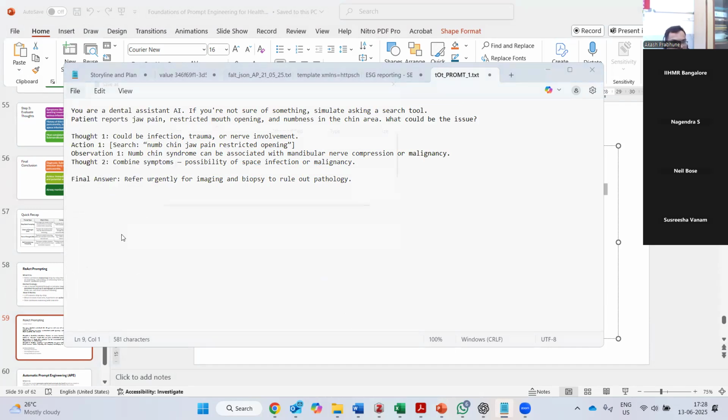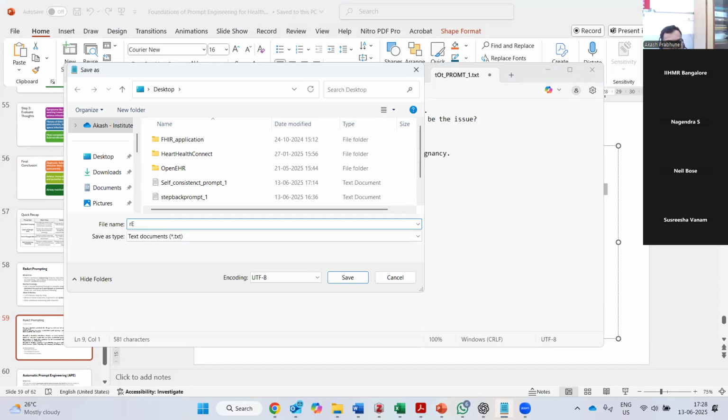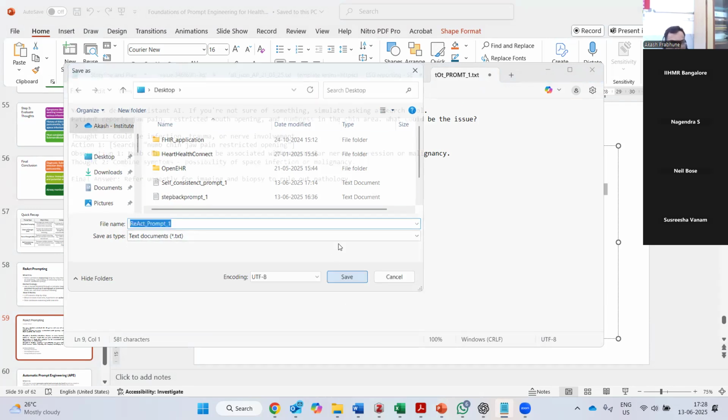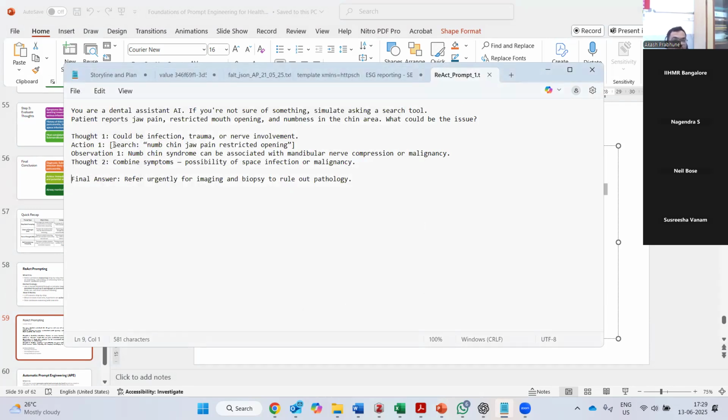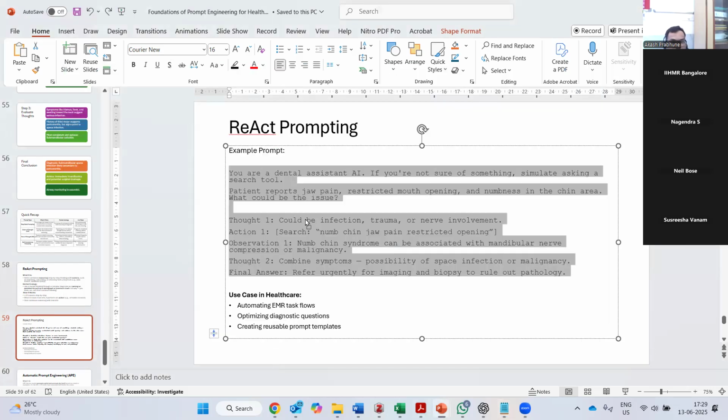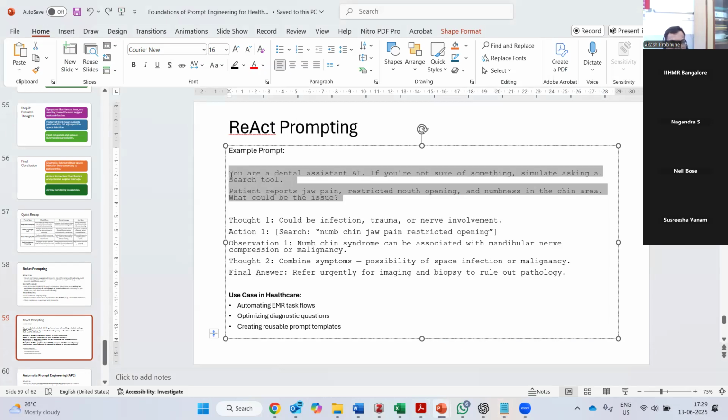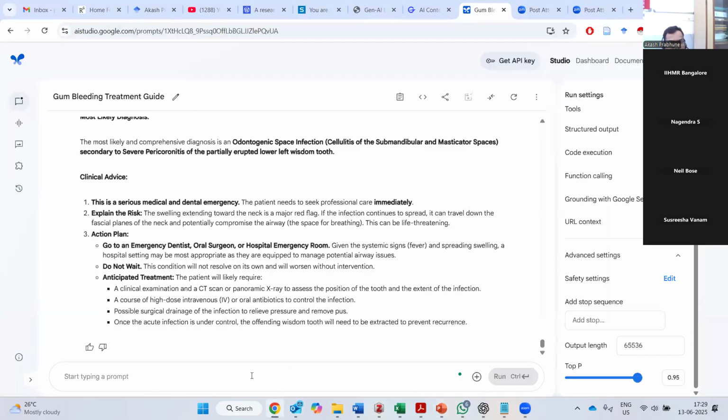Let me save this first. So here you can see the action point. All right, let me try it out if I get time. You can try this out. The machine might not ask the same question, but let me check.